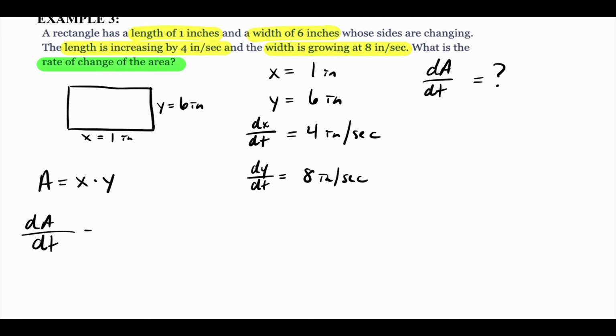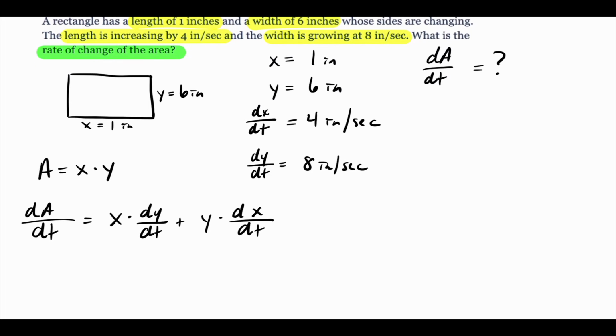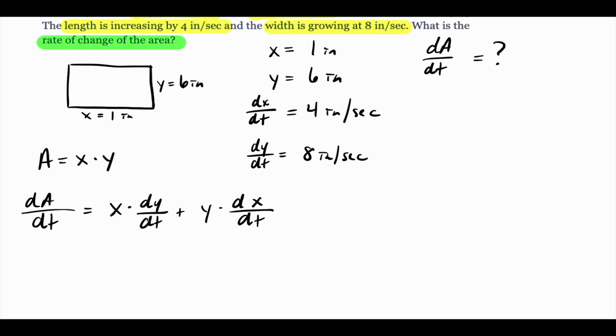dA over dt equals x times y. For x times y, I have to use product rule. Okay? So the first times the derivative of the second plus the second times the derivative of the first. dA dt I don't know.